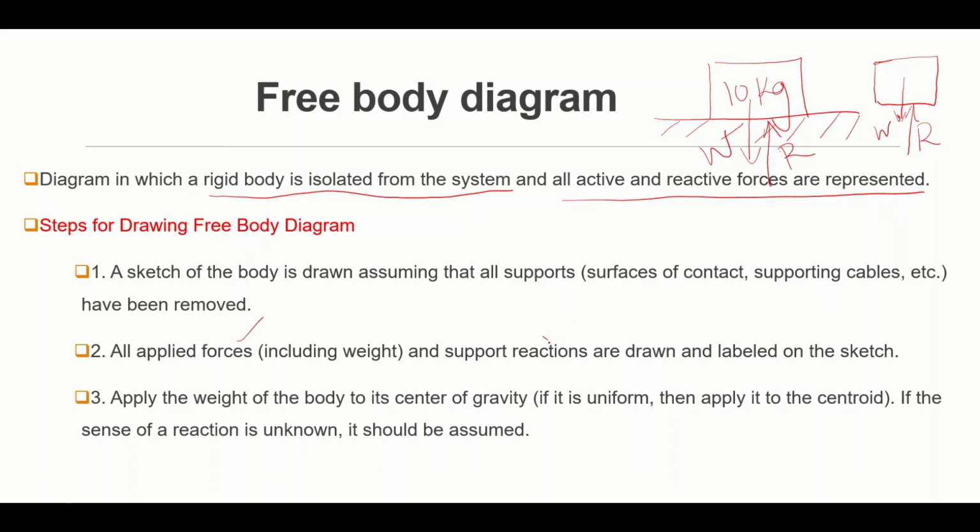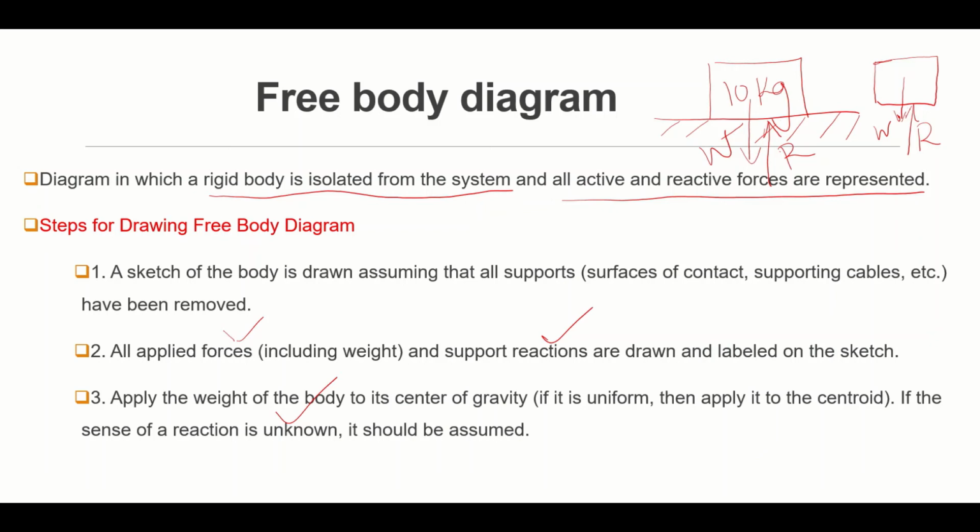Applied forces and support reactions. If the body is supported then definitely they are labeled on the sketch. Apply the weight of the body along the center of gravity. And if the system has any supports or any moment, definitely you need to draw all those things.